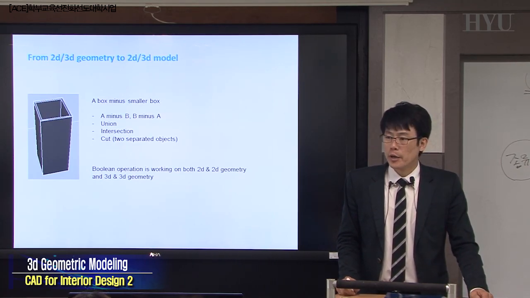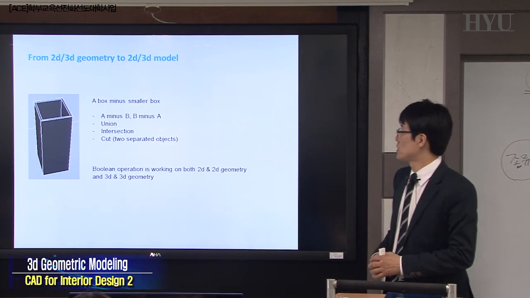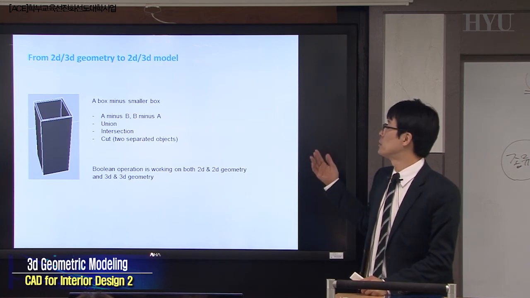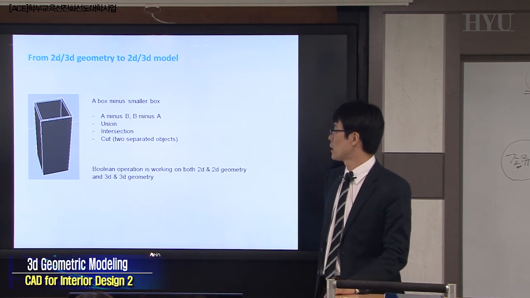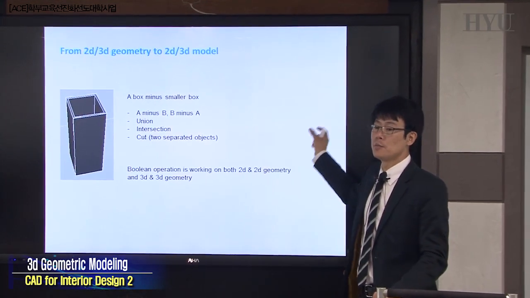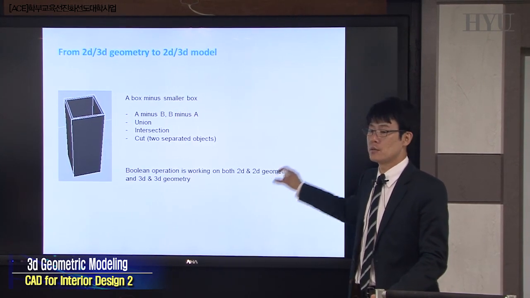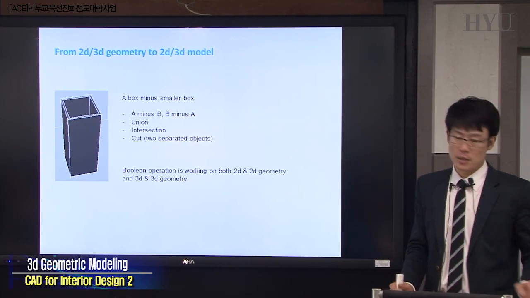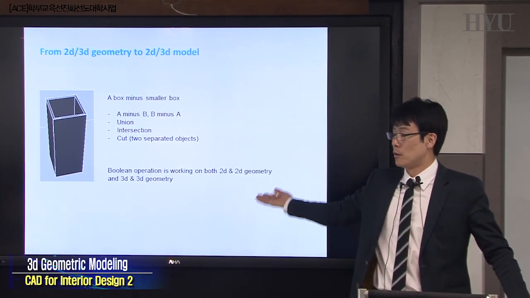For the Boolean operation, there is an operator named compound object in 3D Max. Using compound object, there is Boolean or ProBoolean. There is one type of modifier defined in 3D Max. Simply draw a bigger box and a smaller box overlapped, and bigger box minus smaller box. That is the output.